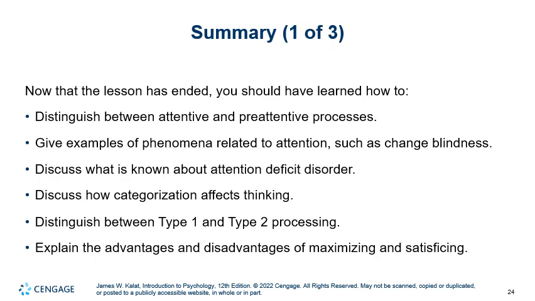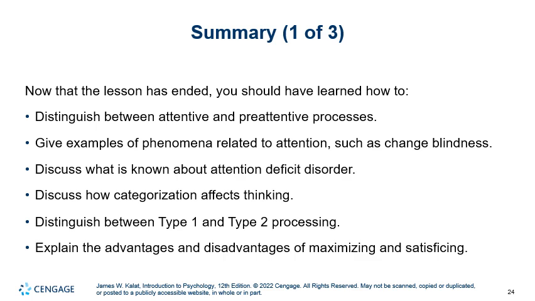To wrap this up, here's a summary about Chapter 8. Hopefully you recall what we discussed in terms of attentive and pre-attentive processing. You should be able to provide examples for a phenomenon related to attention, like change blindness.